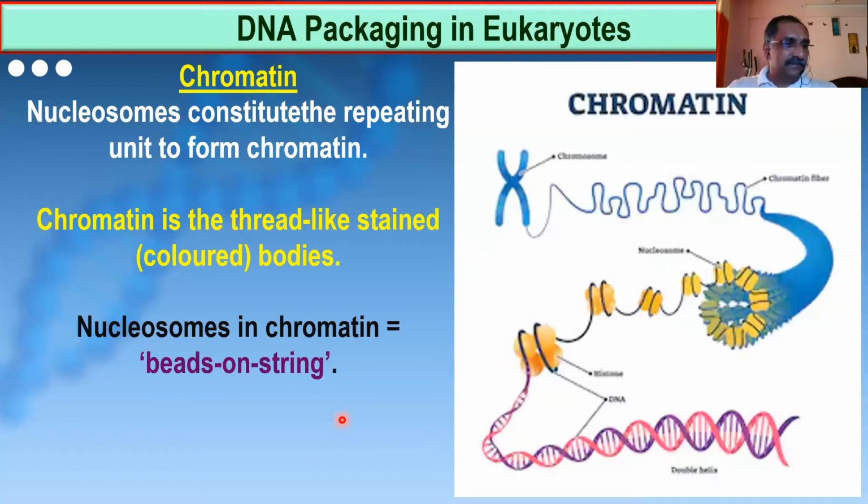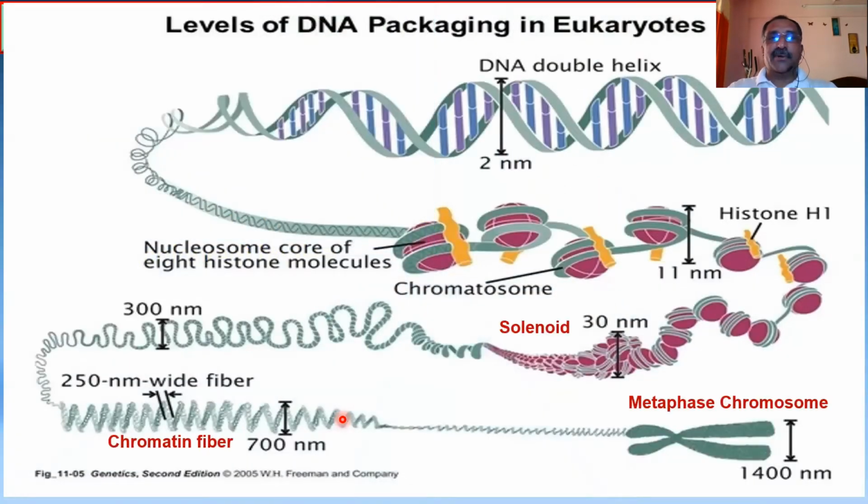What is chromatin? Chromatin is the thread-like structure formed by the repeating nucleosomes, and this is a coloring material. This is a coloring body, and this is what is called chromatin. Now look at this picture over here, you can easily understand. This is the base, the base means the DNA.